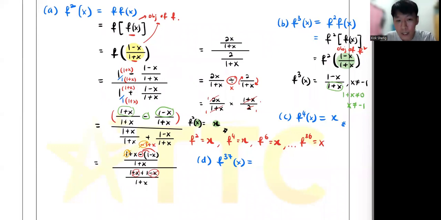F36 is also a multiple of 2, can divide by 2, right? The answer is also the x. So F37, we can split it into at least power 36 and power 1. Then everything is just the same. Split these two.